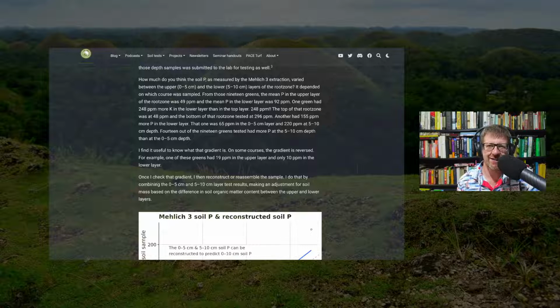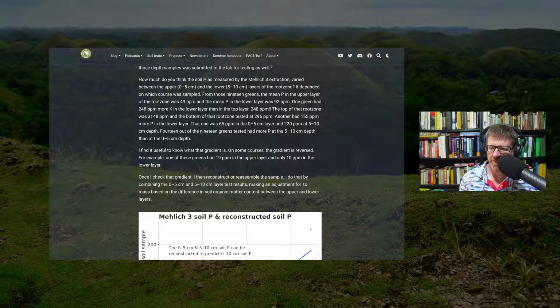I know in Japan sometimes it's common to put triple 15 or 888 type analysis fertilizers on tees, sometimes on fairways. And I think maybe in those kind of situations we would find the phosphorus might be concentrated more near the surface.